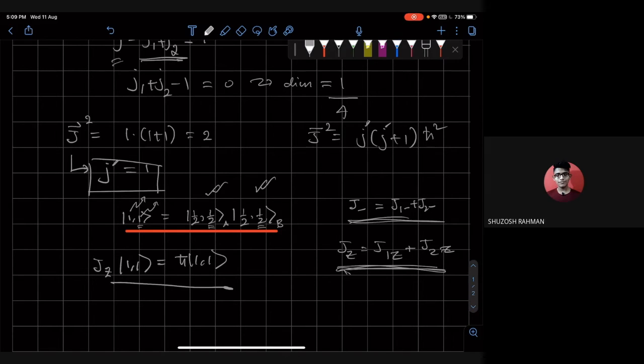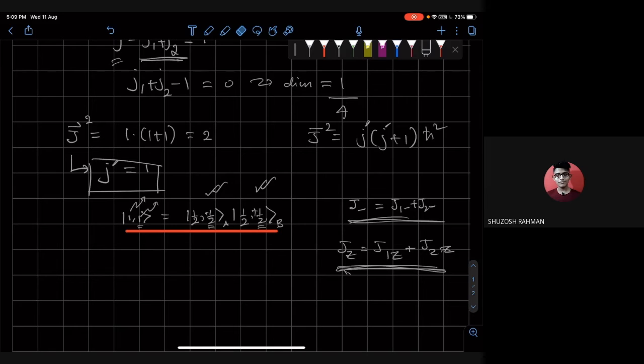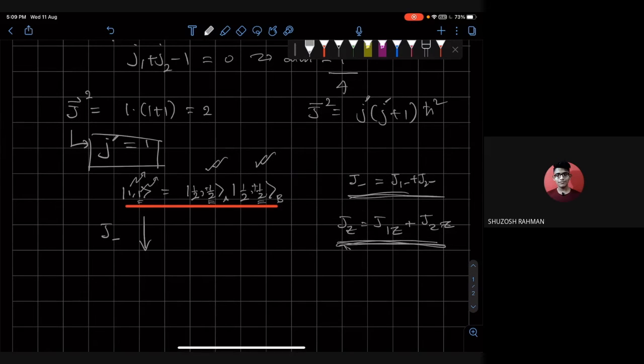If you put a minus sign here or there, or 1 minus sign, 1 plus sign, it's not going to work. Okay? Got it. Now basically you have the highest weight state, and then you apply your J minus operator, and on the left-hand side, you're going to get the 1, 0 state.